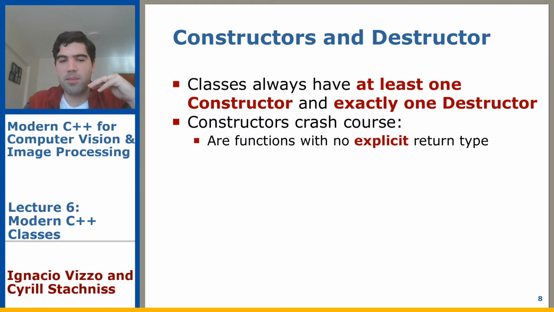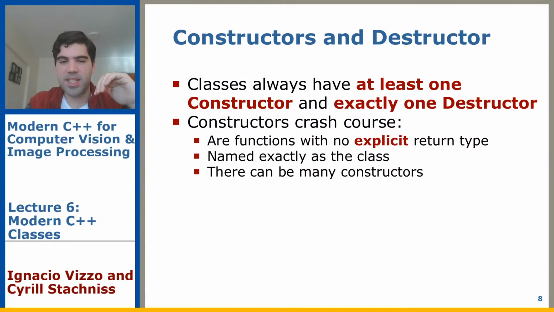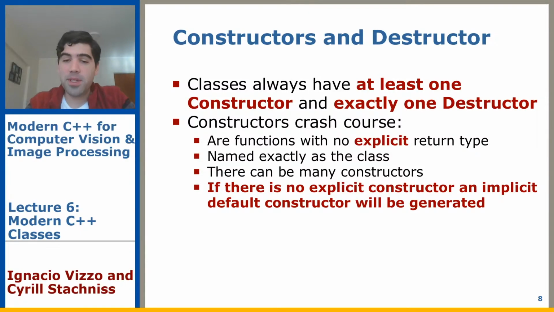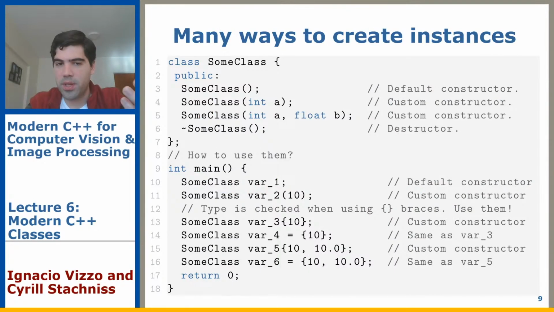There is always one destructor. The constructor functions with no explicit return type, and actually this is sort of true. The name will be exactly the same as the class, and there can be as many constructors as you want. If there is no explicit constructor, an implicit default constructor will be generated. So if you don't define your own, the compiler will do it for you, and the same holds true for the destructor.